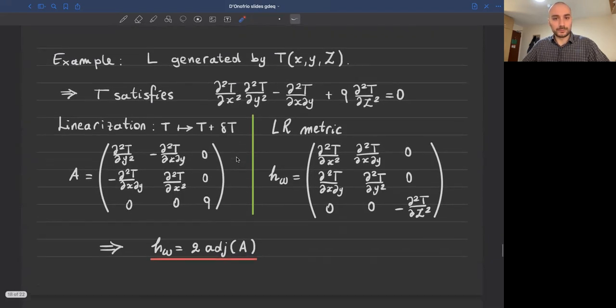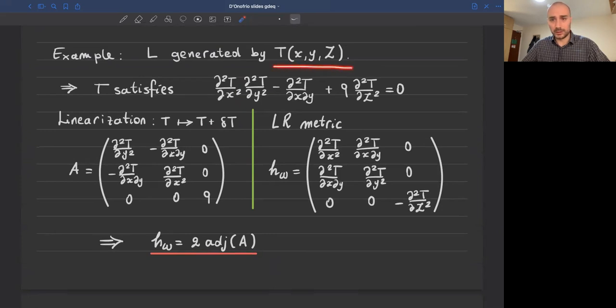If we choose T as generating function, and let's remember that it satisfies this equation, then we can linearize this equation around some solution T by adding a small perturbation delta T and retaining only linear terms in it. Then we are able to write the linearization as a linear PDE for delta T with coefficient matrix A. This is the coefficient matrix for the linear equation satisfied by delta T.